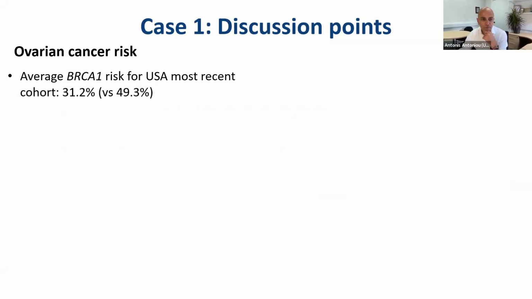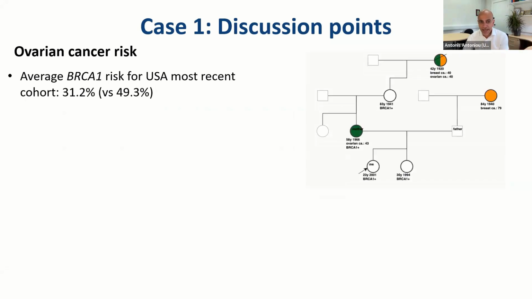Then, if we look at the ovarian cancer risk, which I thought was interesting here. So here, the average risk for an equivalent carrier that age based on the BRCA1 incidences in CanRisk would be around 31%, which is lower compared to what you get here. But there are, again, a number of explanations.